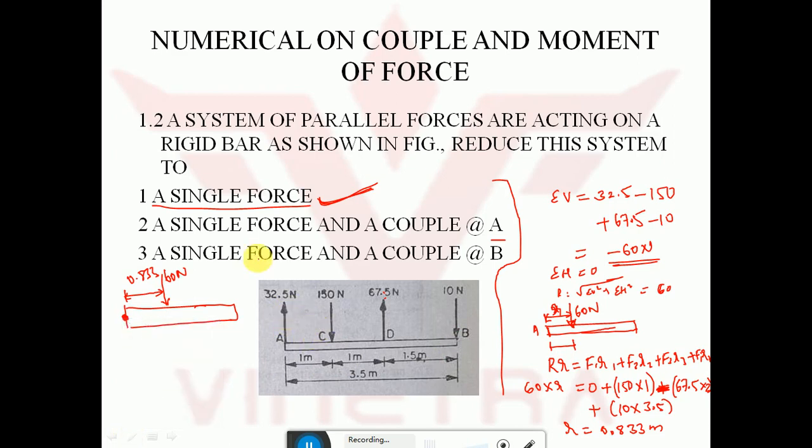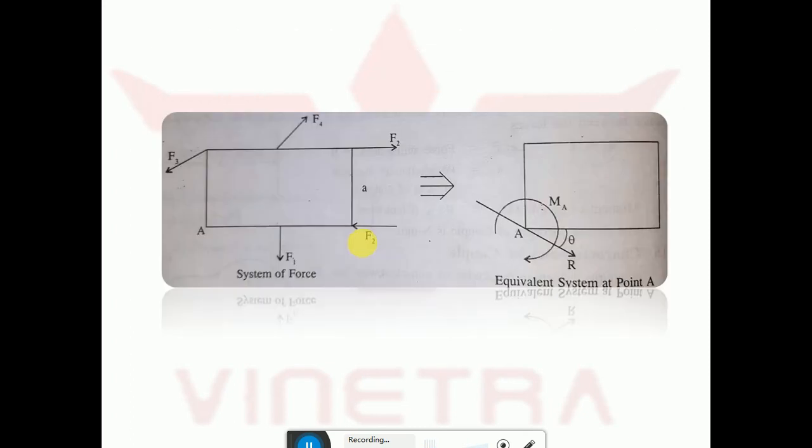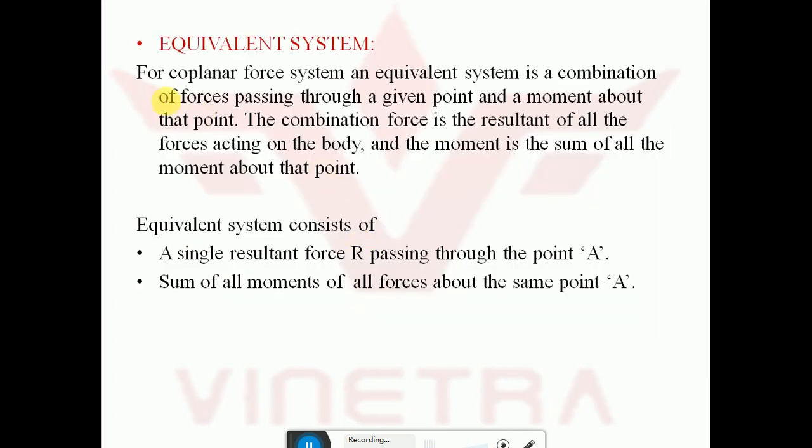So see here, he is asking for a single force and a couple. We have seen this in equivalent systems, so let us go to that equivalent system definition. When do we call a system an equivalent system? For a coplanar force system, an equivalent system is a combination of a force passing through a given point and a moment about that point.